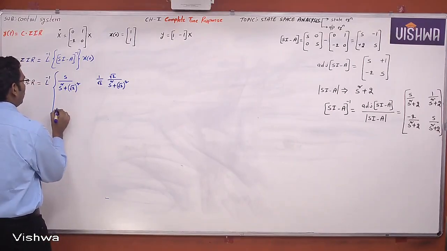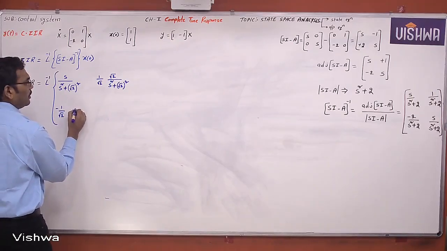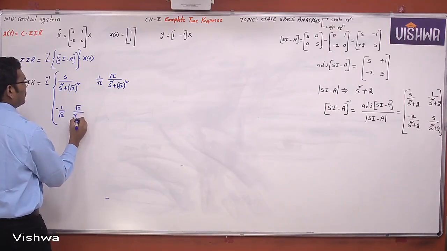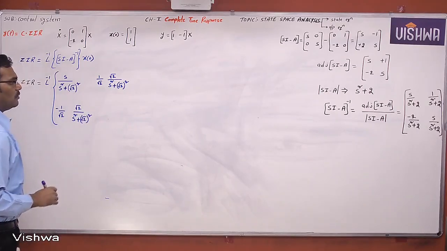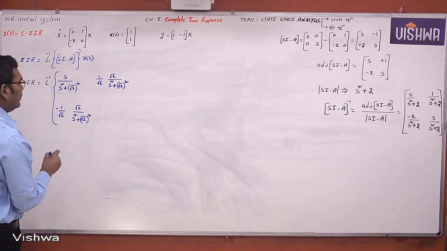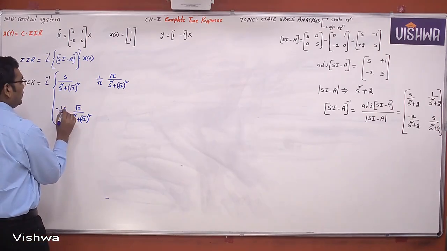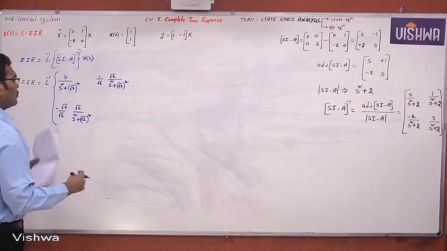Now here is also minus 1 by root 2 and root 2 by s square plus root 2 whole square. So now root 2 cancels, minus 1 here, but here it is already 2 is available, so you can take it as root 2.